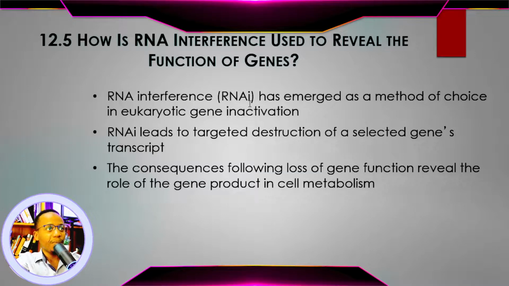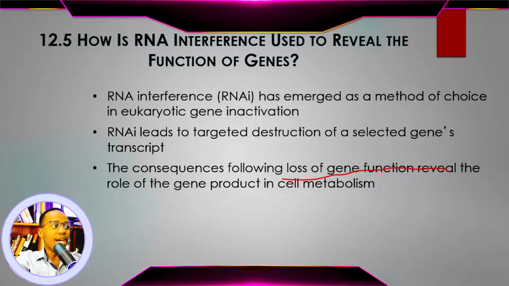So it's a method to inactivate a gene, right? And it leads to targeted destruction of a selected gene's transcript, and the consequences result in loss of gene function, right?